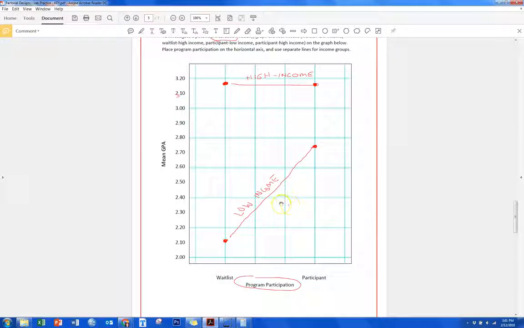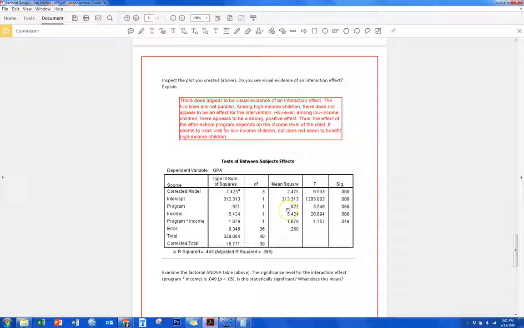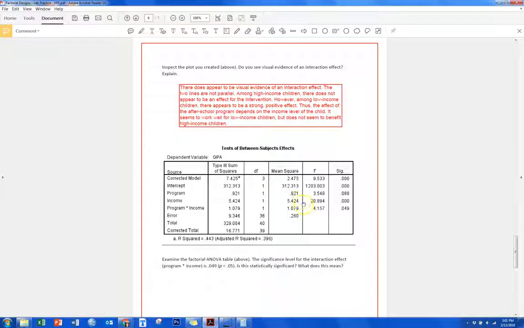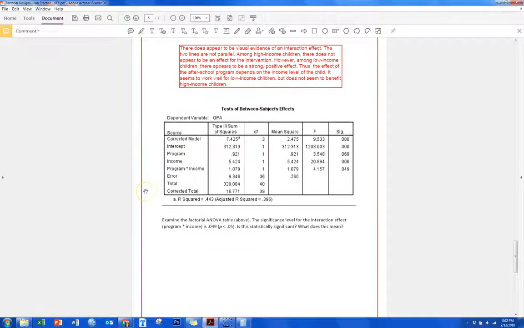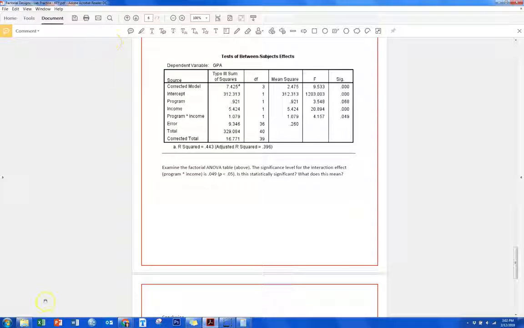This interaction that we're describing, that the effect of the intervention is different for the two groups, we can test that statistically as well when we use a factorial design, a factorial ANOVA. So here, this statistical test looks at each main effect by itself and then the interaction effect between the two independent variables. Let's take a close look at this table.